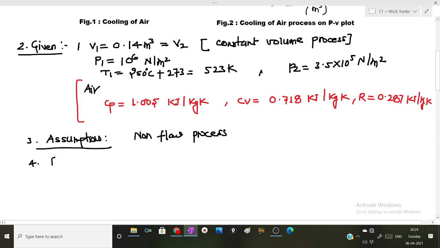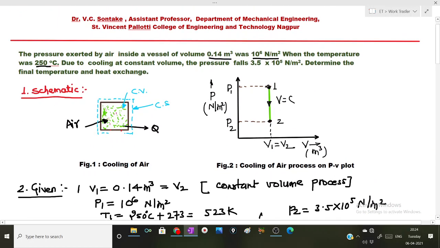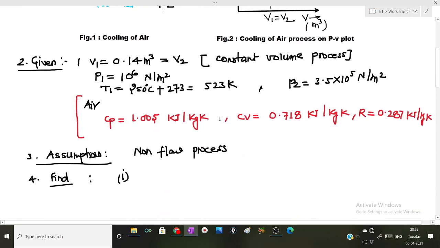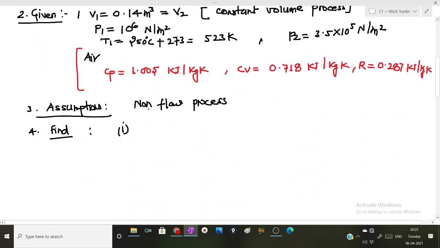Then the fourth one is to enlist what is to be found out. From the problem statement we are supposed to find out the final temperature T2 and the heat exchange Q122 during the process.